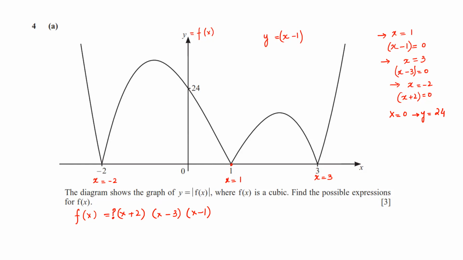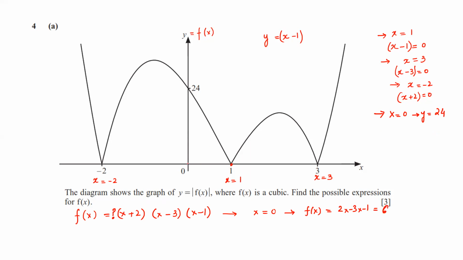So let's see what we can infer from this. When x is equal to 0, in this function the f of x value will be 2 multiplied by minus 3 multiplied by minus 1, and this will be equal to 6.